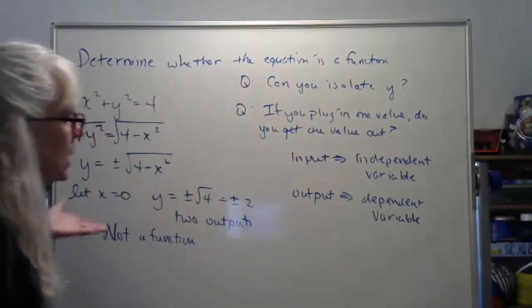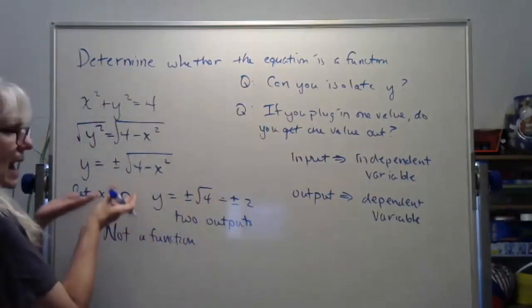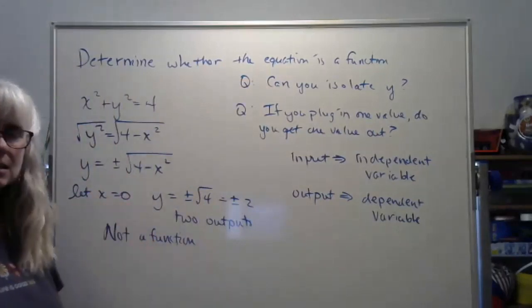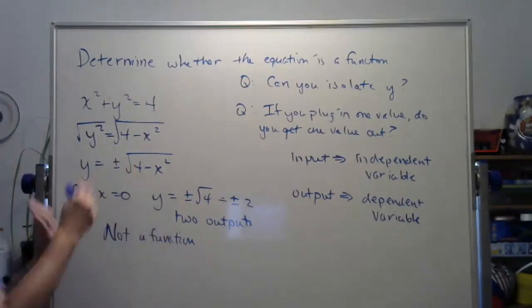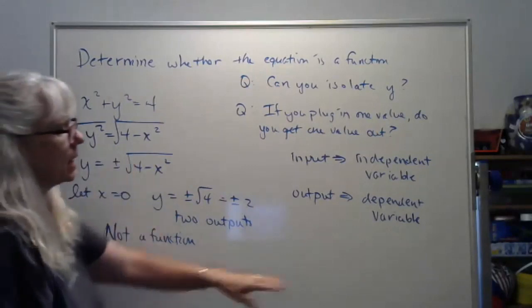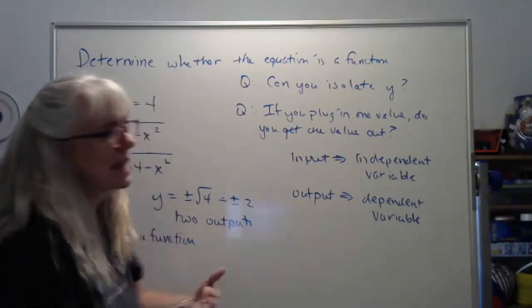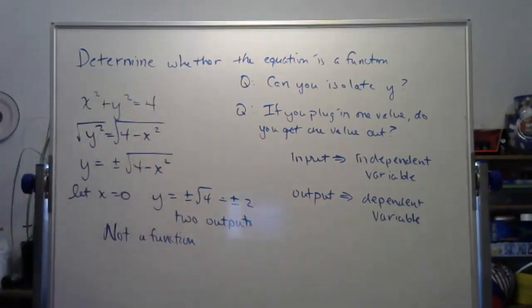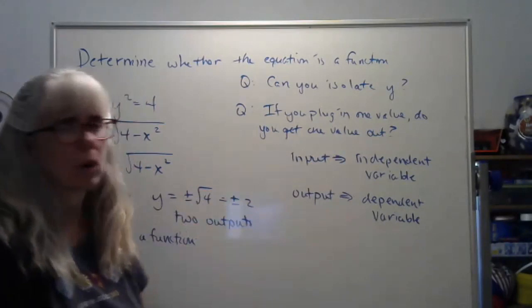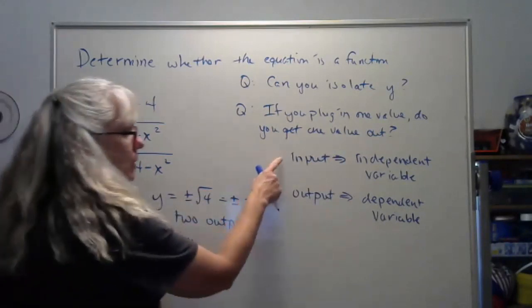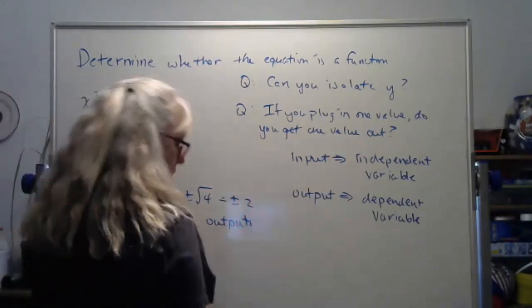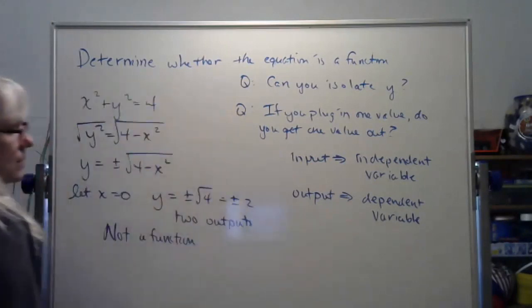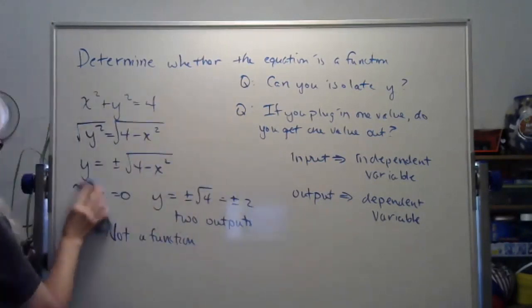That comes from this kind of example. In other words, we could pick an x value. It was independent of anything else. But once we picked our x value and plugged it in, we definitely got a dependent value for our y's. So y depends on what you plug in for x. So that's why they're called independent and dependent. Just in case you see those terms on the homework, you'll recognize them. So again, the input is the x, the output is the y. So for us, our independent variable is x.